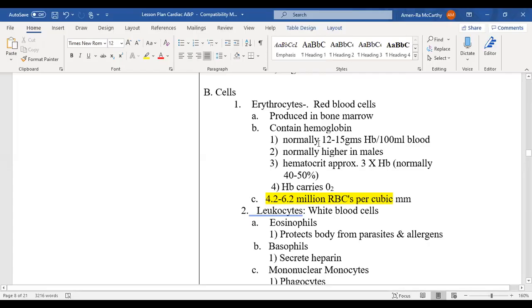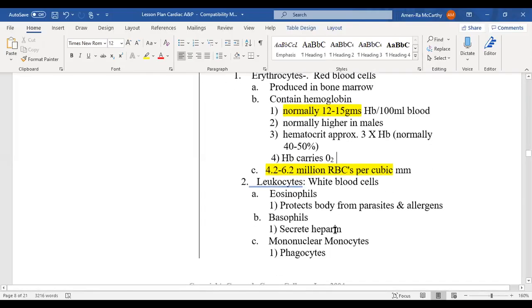Right there in your notes. 12 to 15 grams is the normal hemoglobin. You will have a choice to say grams, milliliter, milliequivalents per liter. You need to know it's grams to make it right. You got to have the right suffix.